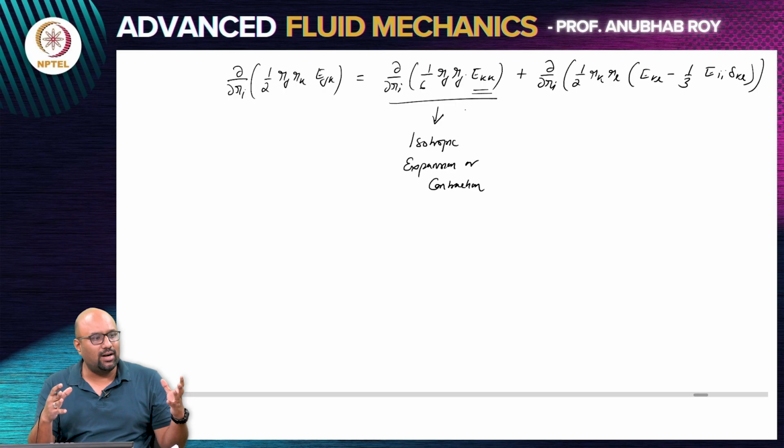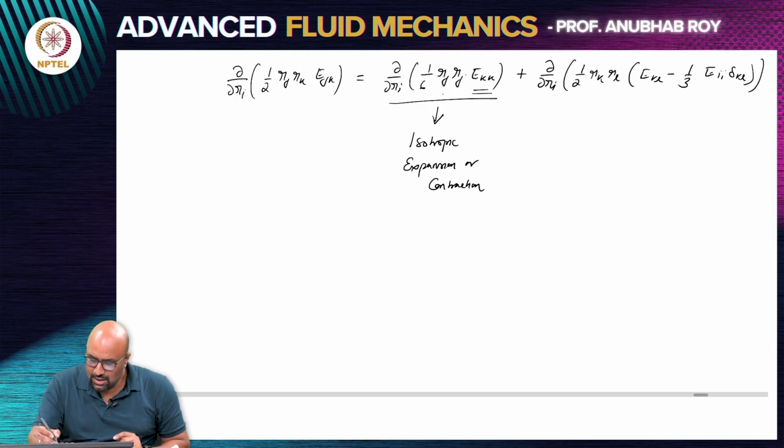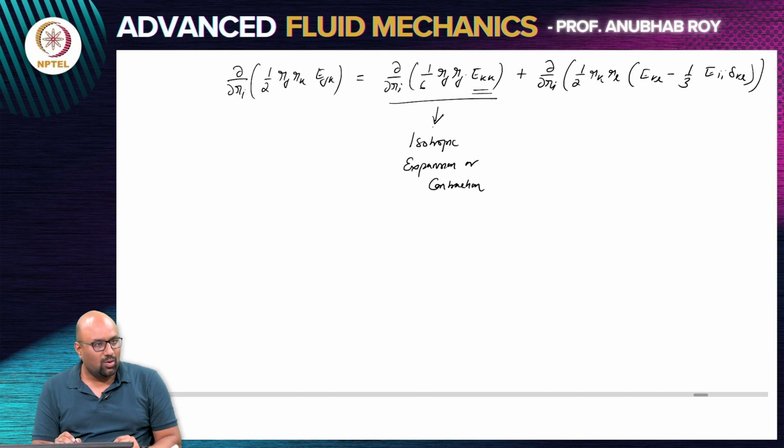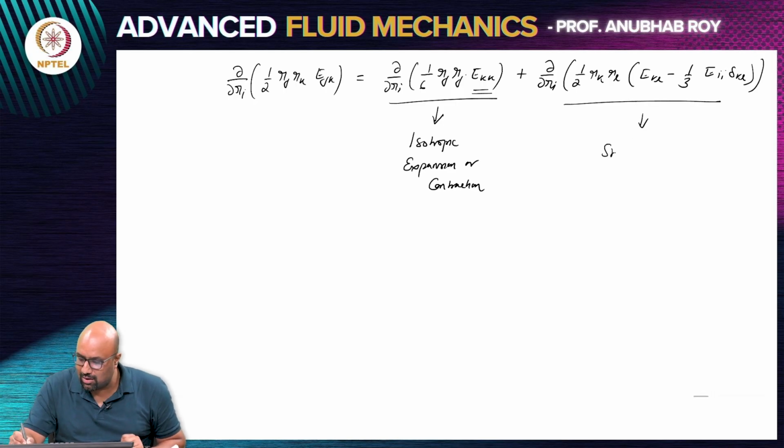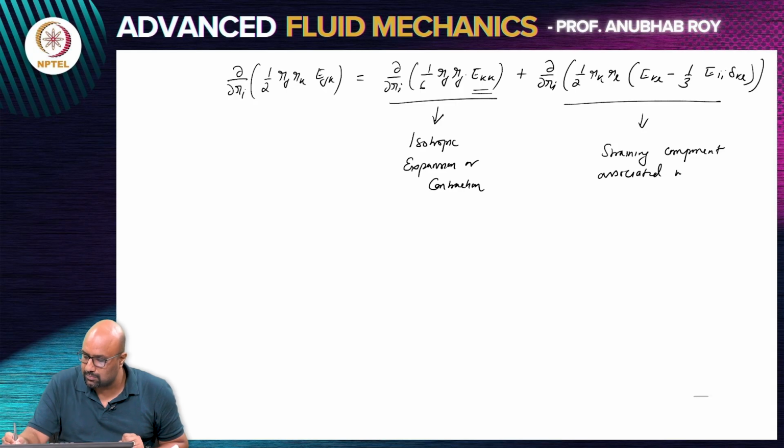If it expands in one direction, it has to contract in another direction if volume has to be preserved. So, this part is actually taking out the isotropic component of your straining, and this part is the straining component associated with no change in volume.